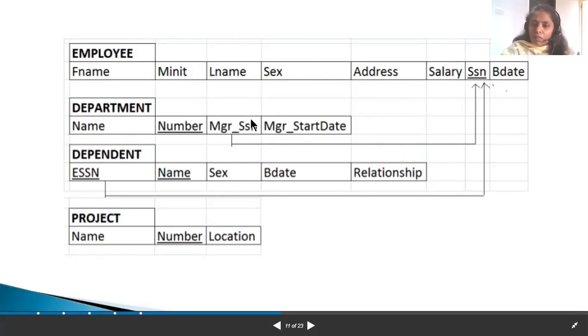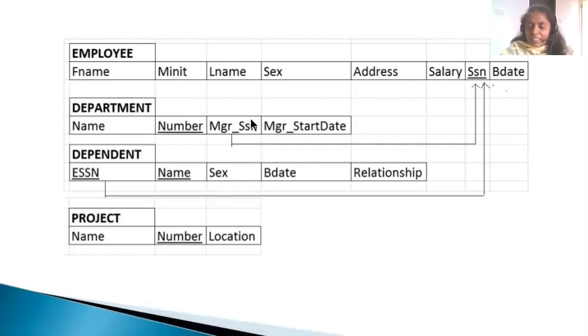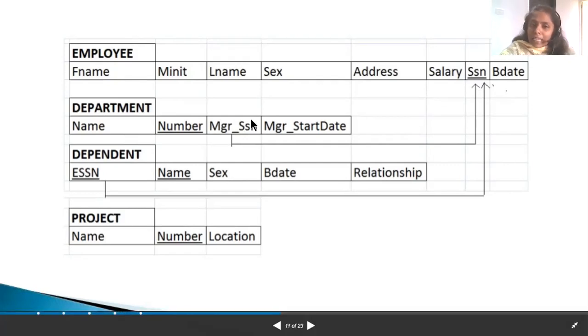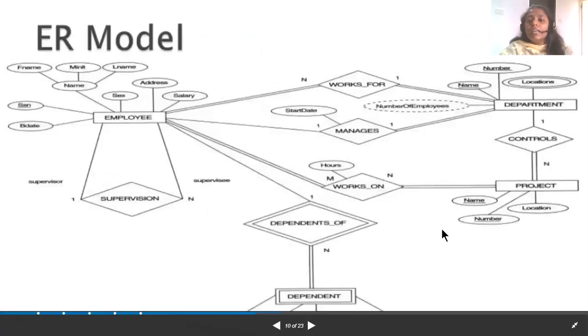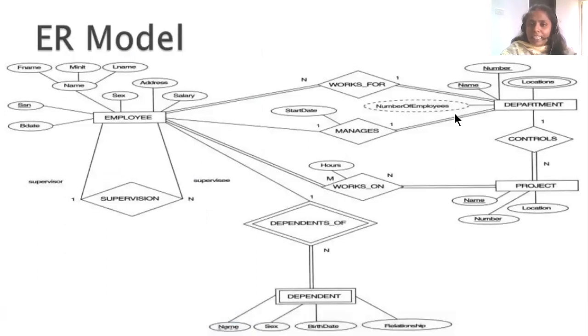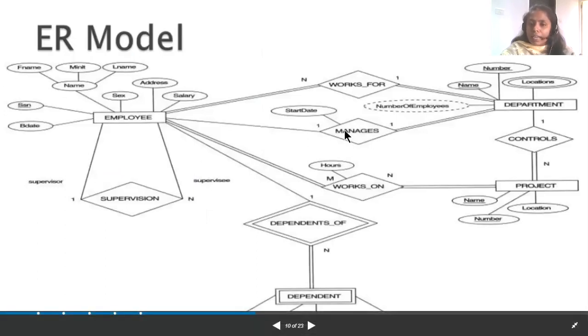And one more thing we will add: if there is any descriptive attribute available for a relationship, then that attribute also will be added into the second table. You understand? Here the employee and the department entities have a one-to-one relationship, and that relationship has one descriptive attribute.